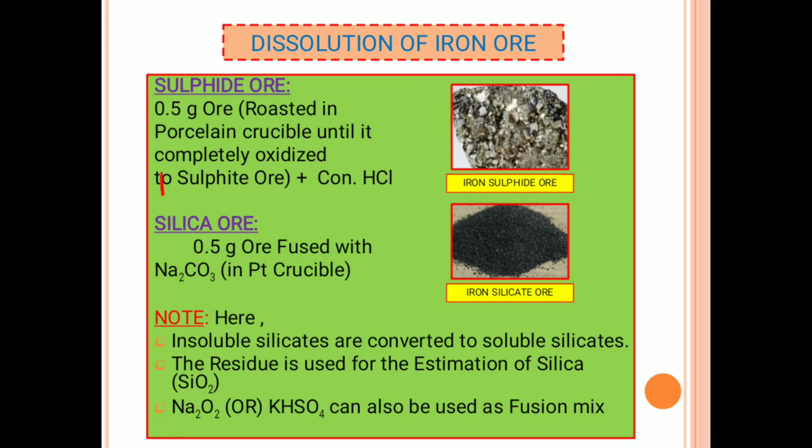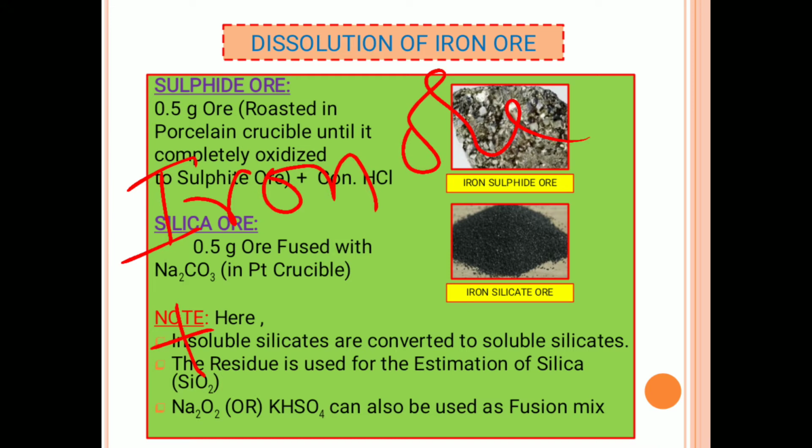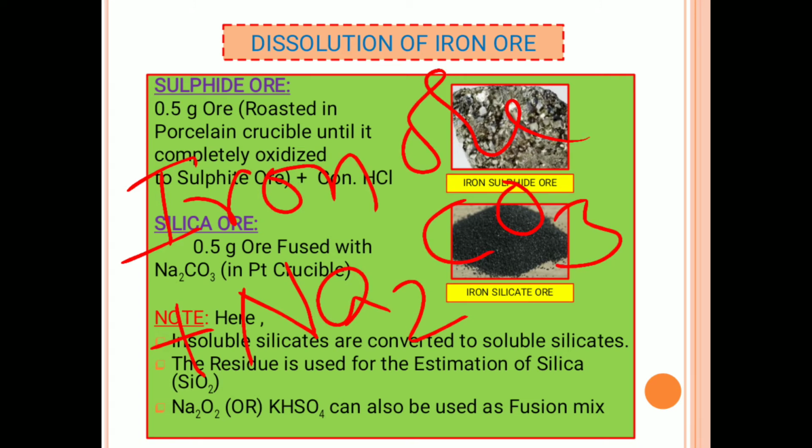So in this fusion method, you need to take the iron ore and then add a fusion mixture like Na2CO3 or Na2O2 or potassium hydrogen sulfate.